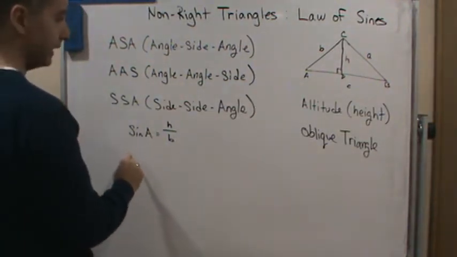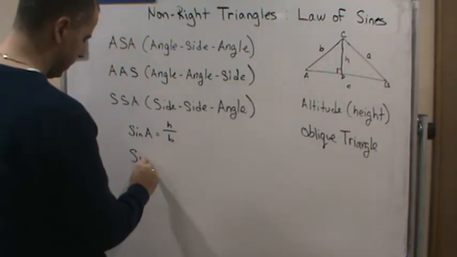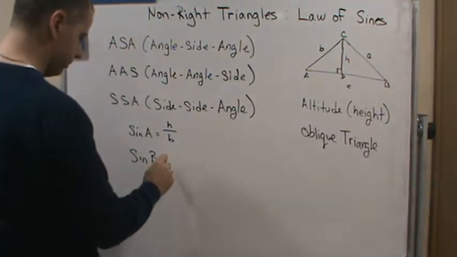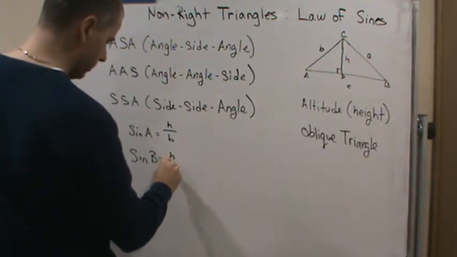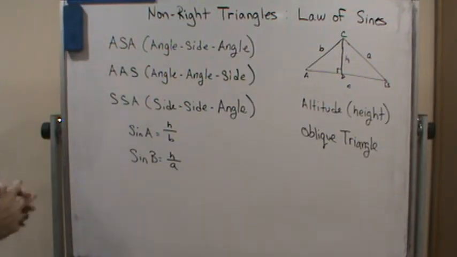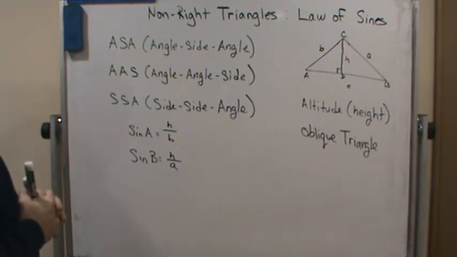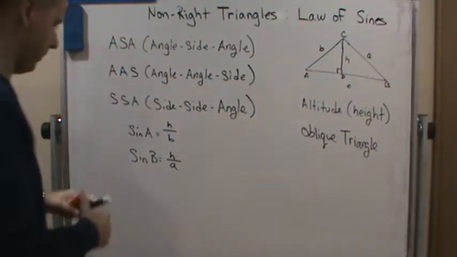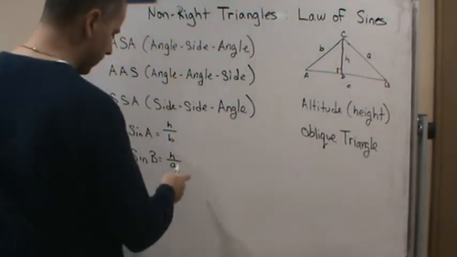We also know that sine B equals h over a. How can we use those to help us? We're going to solve both equations for h.